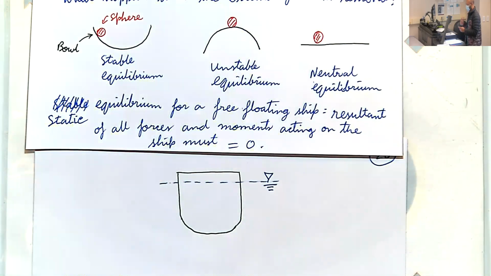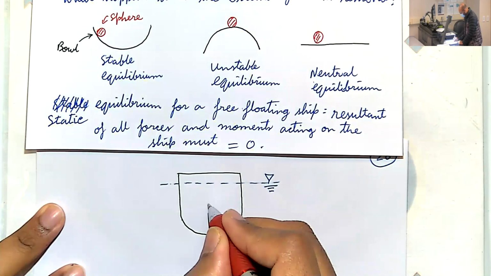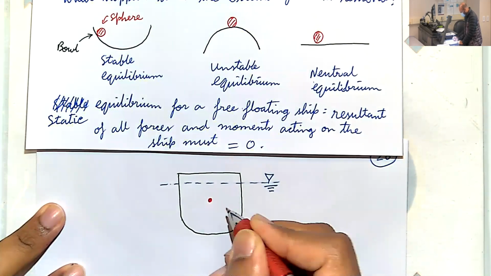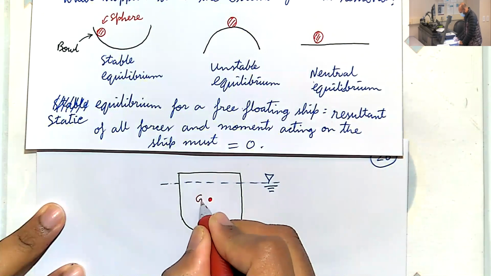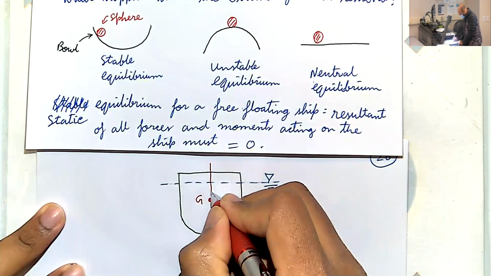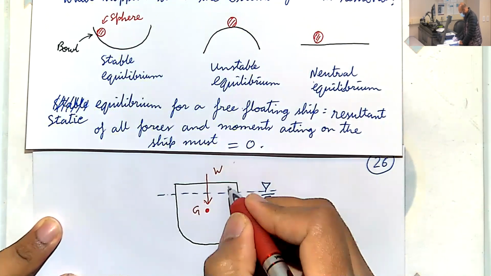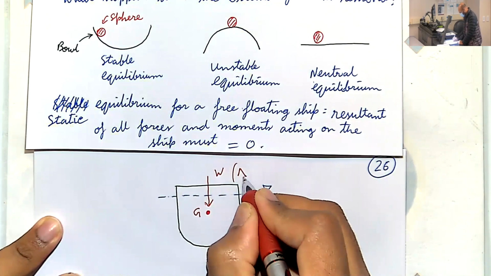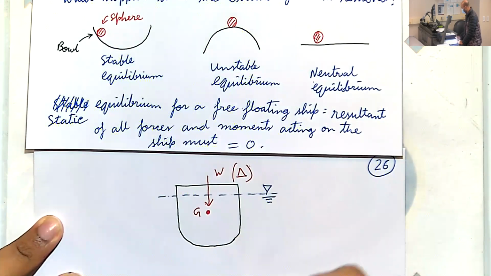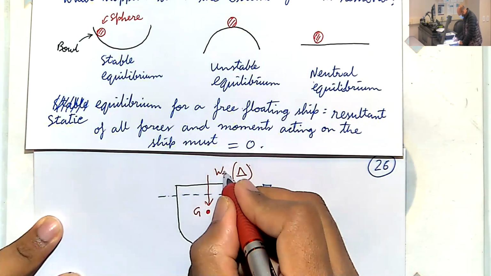The entire weight of the ship acts at the center of gravity, the G, okay? So that's where we have all this downward weight acting. Remember, we also call this displacement. So weight.